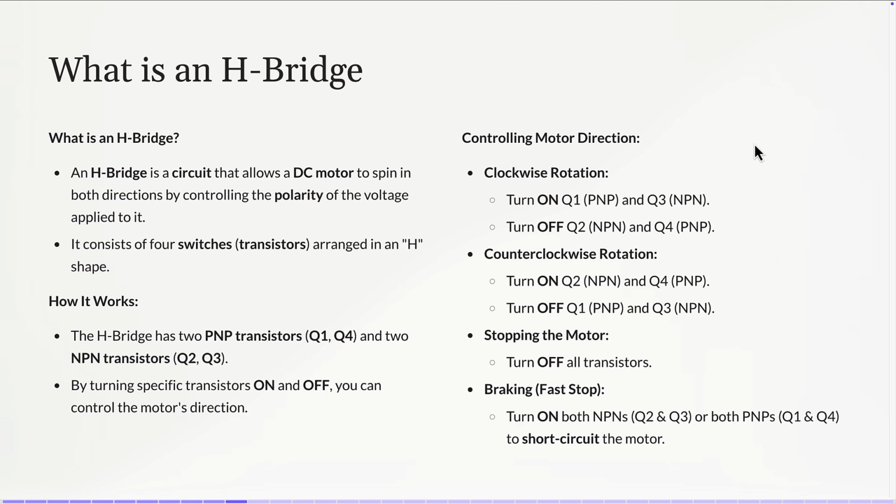It is based on transistors, PNP and NPN transistors. Don't worry about these terminologies. But at the end, we're going to operate the switches in a way to control the direction of the motors.